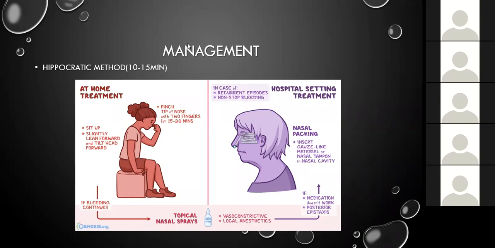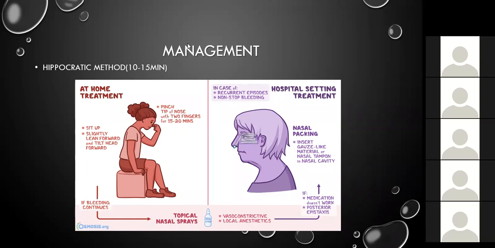So for the local anesthetic, just like the name itself, local anesthetic basically tries to numb the nasal cavity. You can do this when you're going to put the nasal pack to reduce pain and also reduce anxiety. You're already putting something in someone's nose.